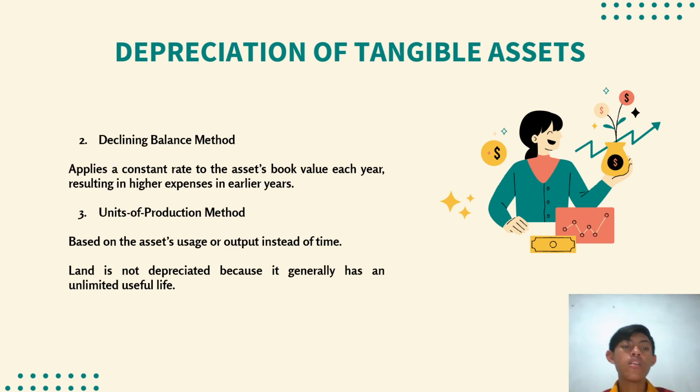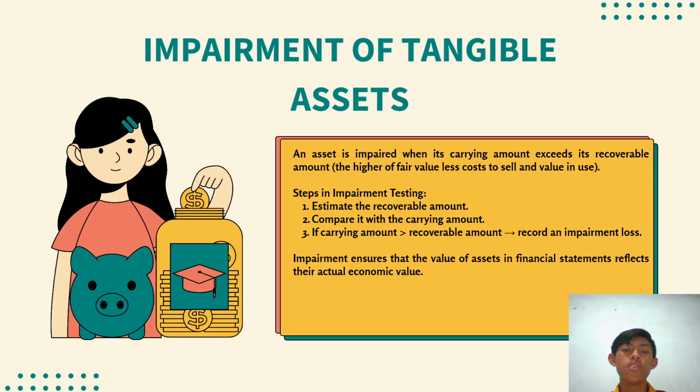Declining balance method applies a constant rate to the asset's book value each year, resulting in higher expenses in earlier years. 3. Units of production method based on the asset usage or output instead of time. Land is not depreciated because it generally has an unlimited usable life.